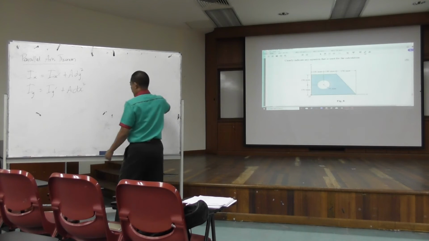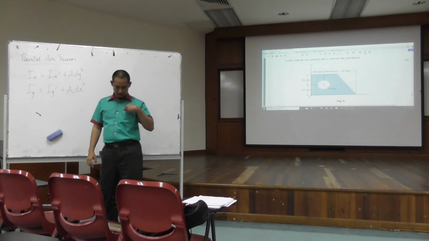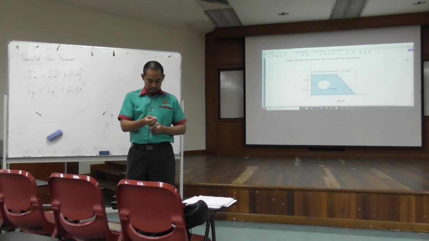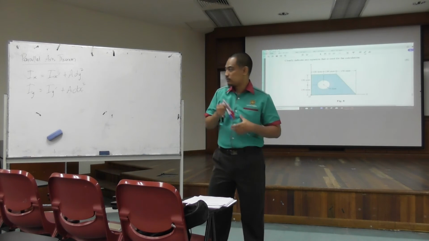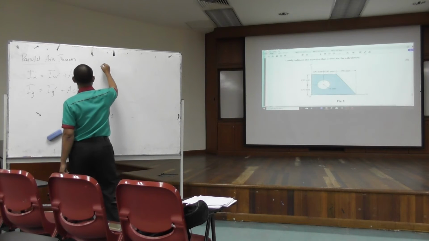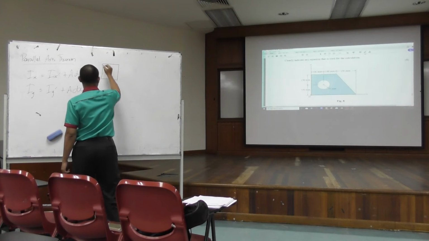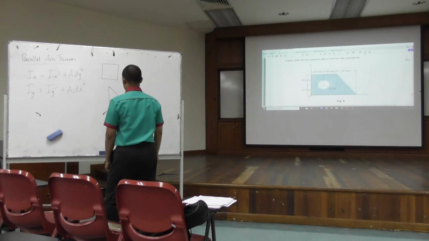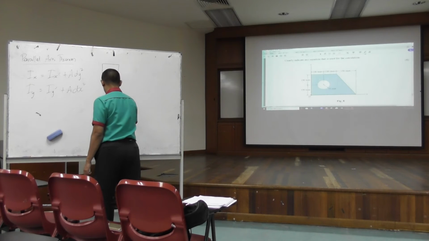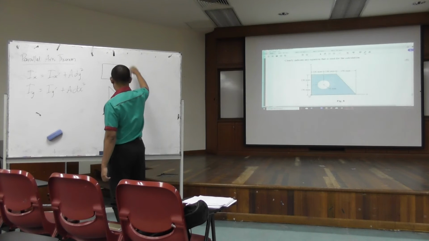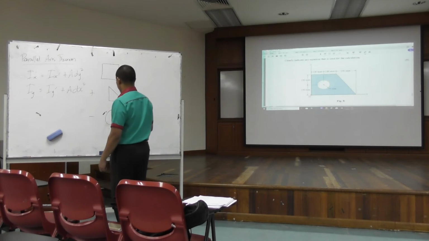What about Iy? Anyone have any problem? Basically, the way we divide the shape is the same, right? Okay, let me draw it like this. So basically, you have this one plus this one minus this one, right?